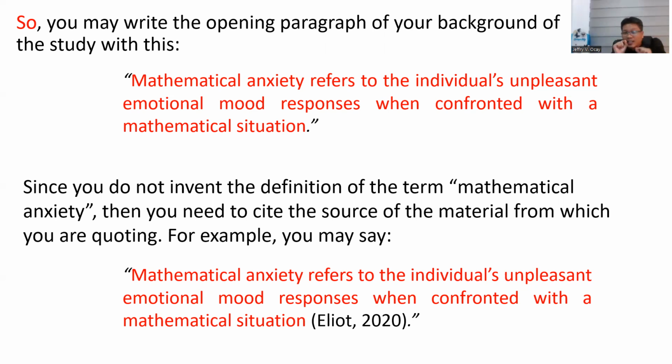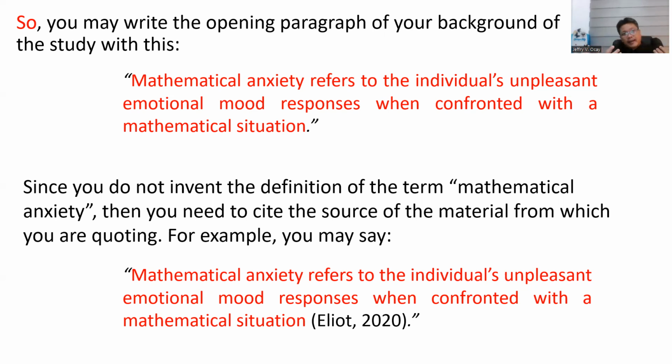So again, you do not just invent this definition of mathematical anxiety. The definition is coming from somebody who is an authority in the field. For example, in this case, I use Eliot.